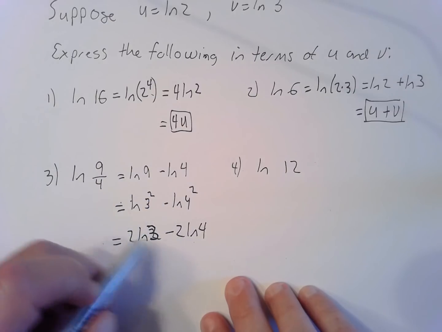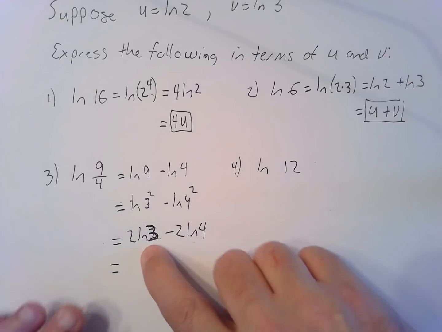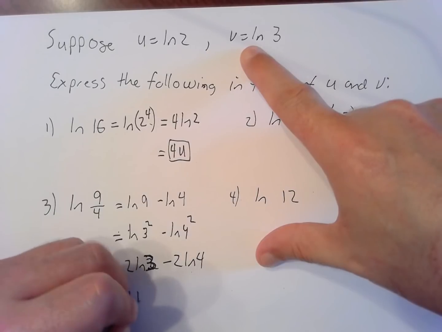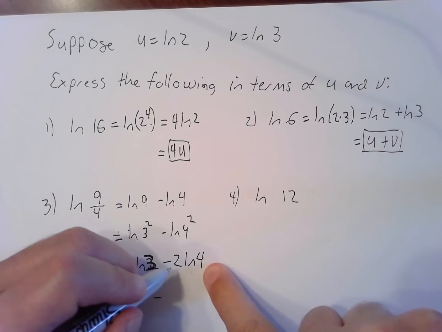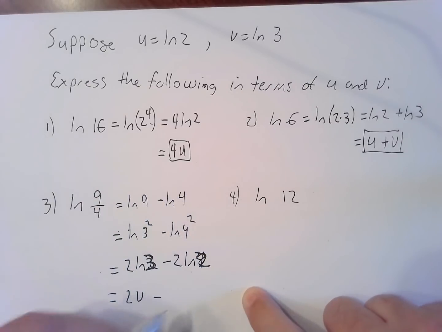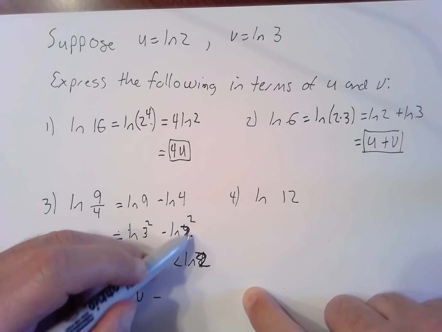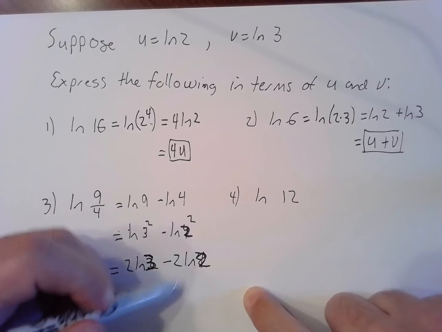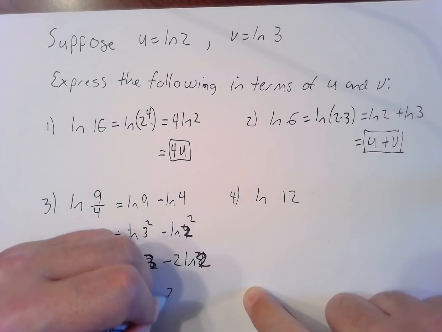Exponents inside become multiplied outside. Natural log of 3 was what we called v. So I get a 2v minus natural log of 4. Oh, 4 is 2 squared. 4 is not 4 squared. 4 is 2 squared. So natural log of 2, we called u, so we get a 2u here.